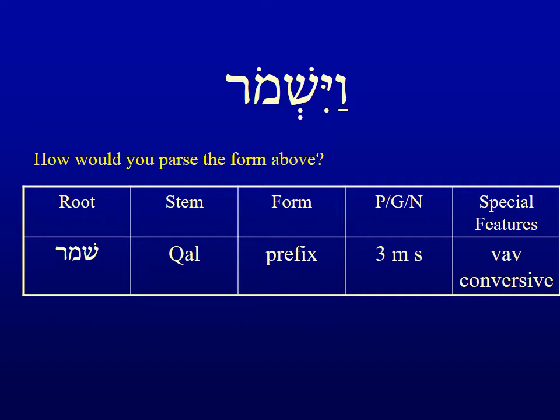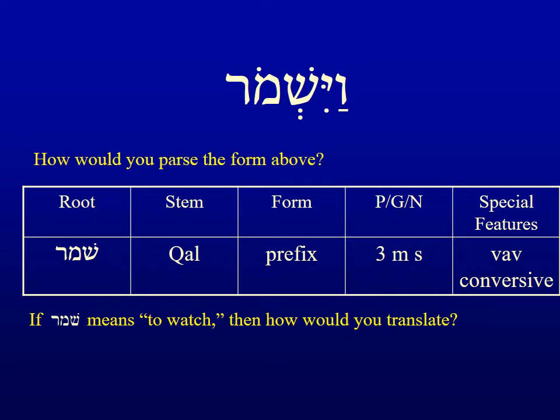We'll talk when we learn the next stem about how you identify which is which. The form again is prefix third masculine singular, and it's vav conversive. If you know that shmar means to watch, then this word would be translated as, "and he watched." So our word, vayishmor, "and he watched."